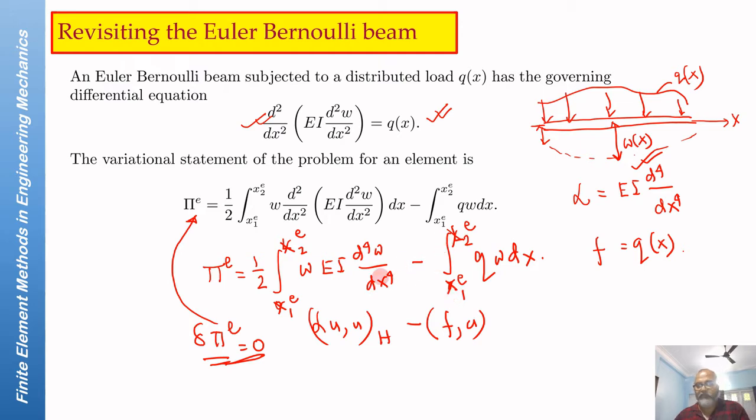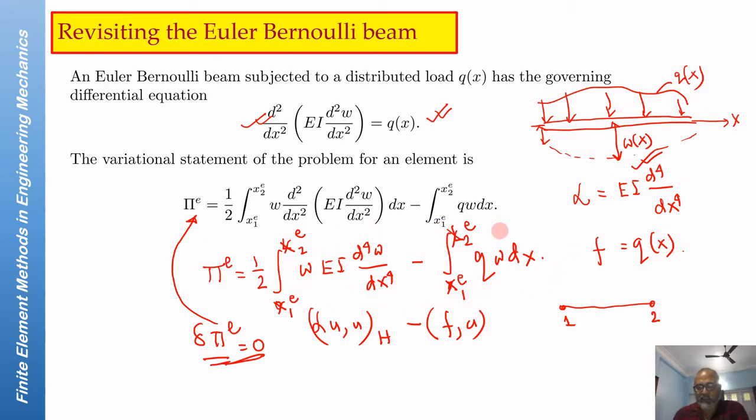For every element, x1 is the first nodal coordinate, x2 is the second nodal coordinate, assuming that we are going to use two noded beam elements. So right now, this is my variational principle.